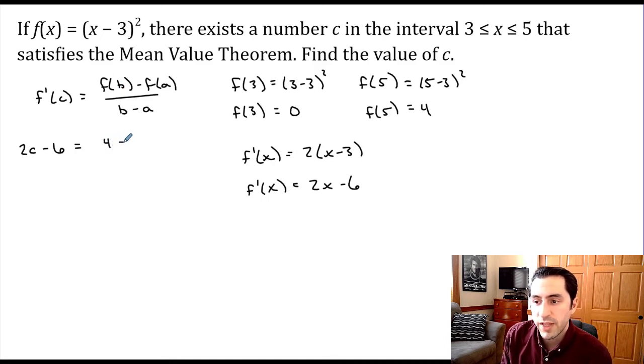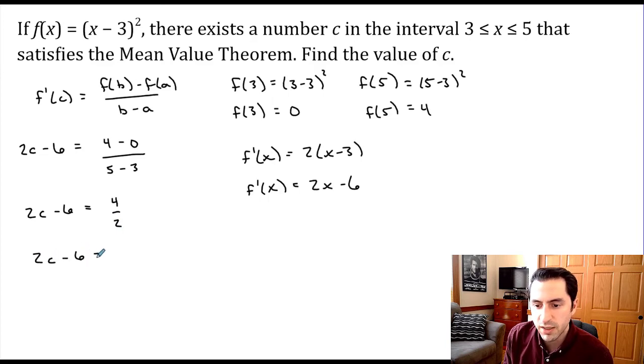F of a, that's my first endpoint, we have 0. And then in the denominator, the x value of that second endpoint was 5. And the x value of our first one, we have minus 3. So to do a little bit of simplifying here, we have 2c minus 6 is equal to 4 over 2, which is going to give me 2c minus 6 is equal to 2.